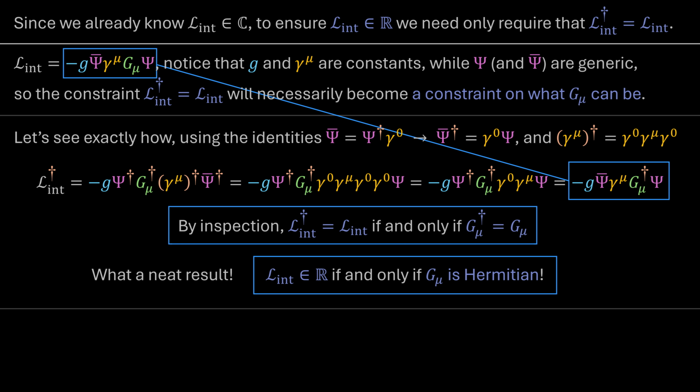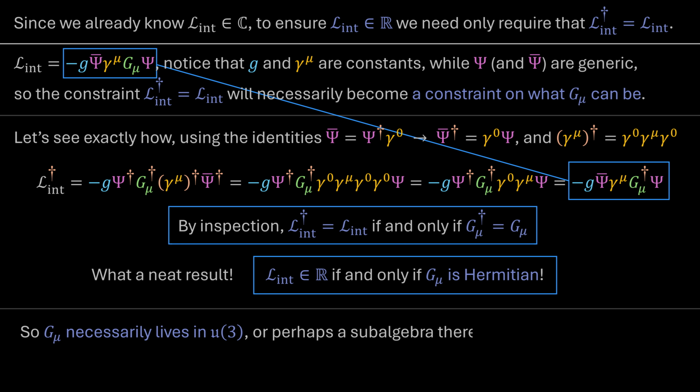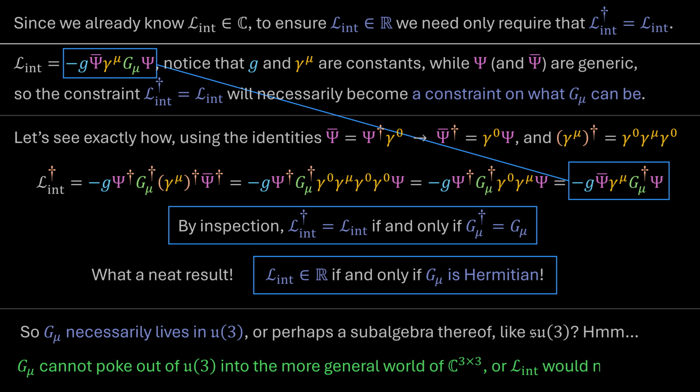Wow, isn't that cool? Now, another way to say that is that G mu has to live in the Lie algebra of U3, or perhaps a subalgebra thereof, like for example SU3, the Lie algebra of SU3. Now, in a moment, we'll get into why it's actually SU3, but remember, SU3 is the traceless subspace of the Lie algebra of U3. So for now, what we've done here is that by insisting that our interaction term in the Lagrangian is real valued, we have restricted the spacetime components of G mu, whereas before we thought that they could be any generic 3x3 matrix.